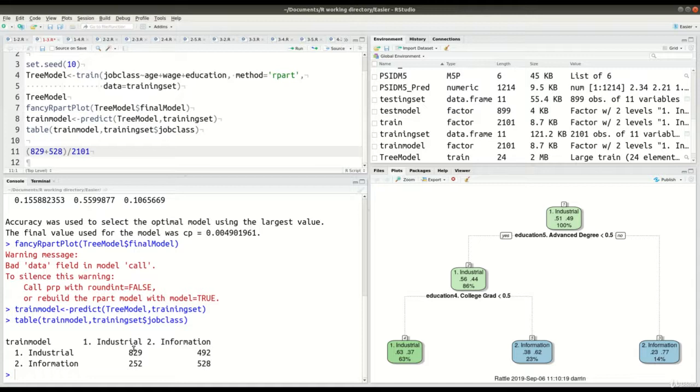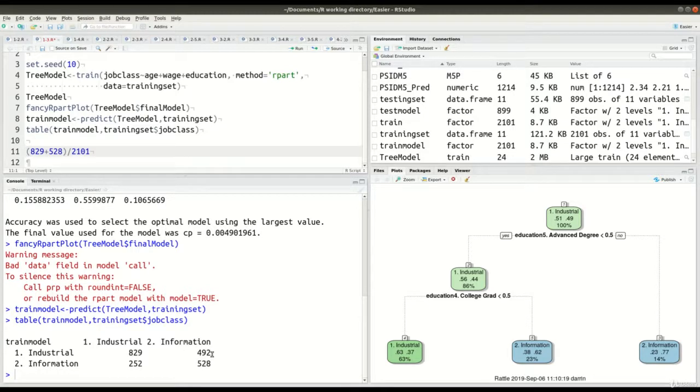So here's what we have here, if you look closely. In other words, out of the 2,101, 829 were classified as industrial and predicted as industrial. And then over here in the lower right-hand corner, 528 were classified as information and predicted as information.